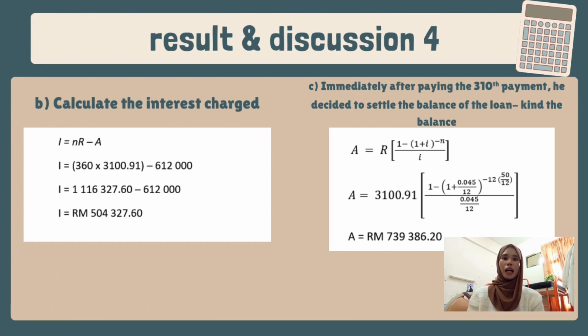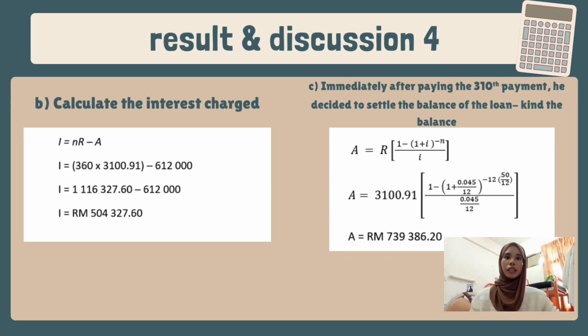So question B is calculate the interest charge. The formula that we need to use is I equals small letter n, capital letter R minus capital letter A. So I equals open bracket 360 multiply 3,100.91 close bracket minus 612,000. 360 is 12 months multiply 30 years, so we get 360.